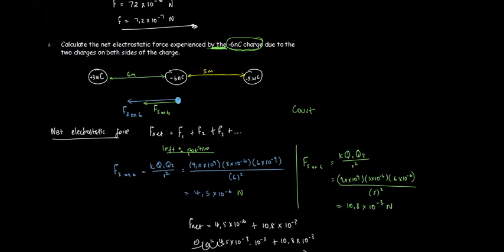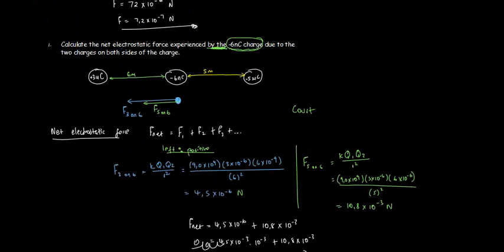We can even change this scenario. Oh yes, you can ask. Yes, Miss Clary. What if we are treating the force experienced by the negative 5 microcoulomb charge instead of negative 6?